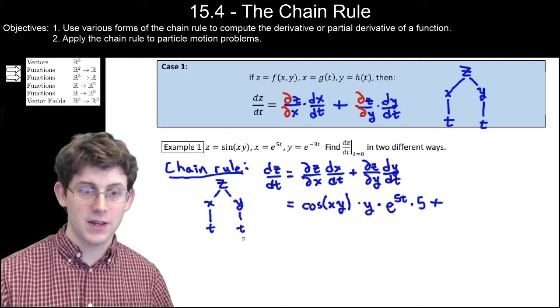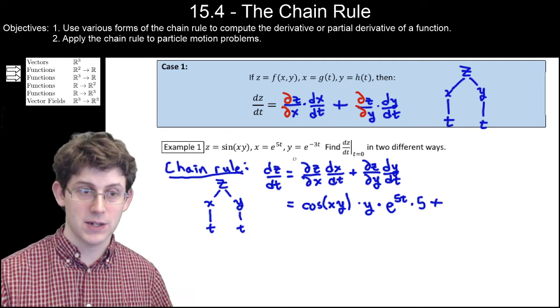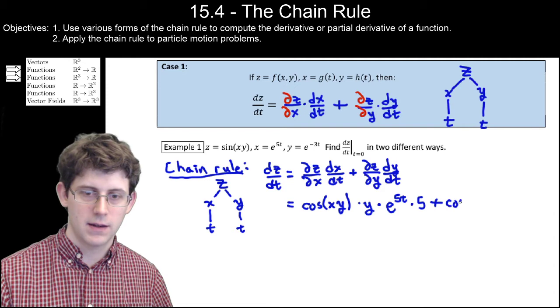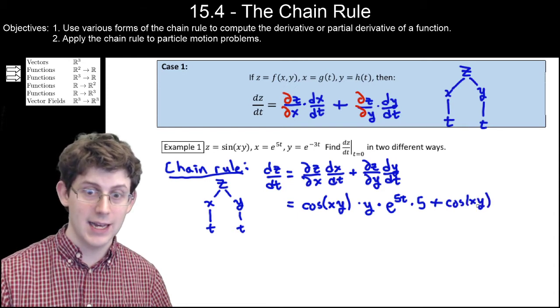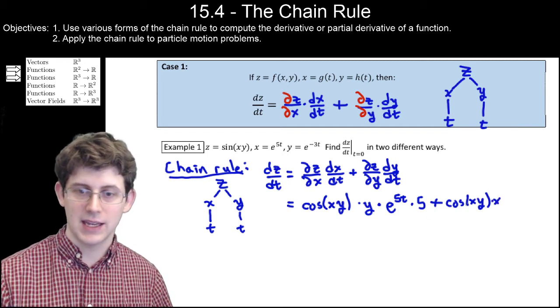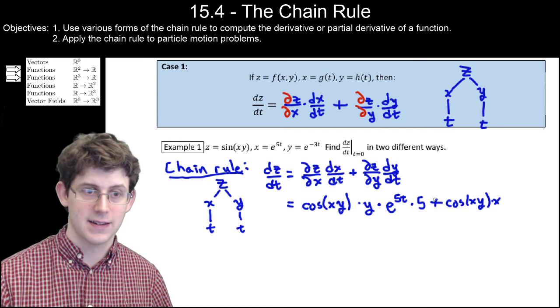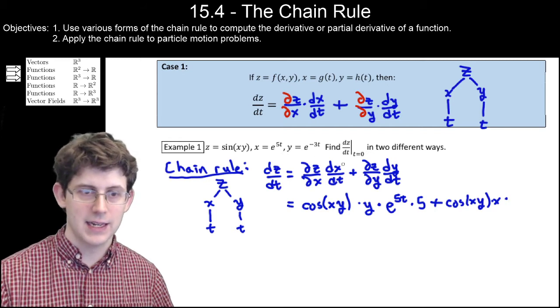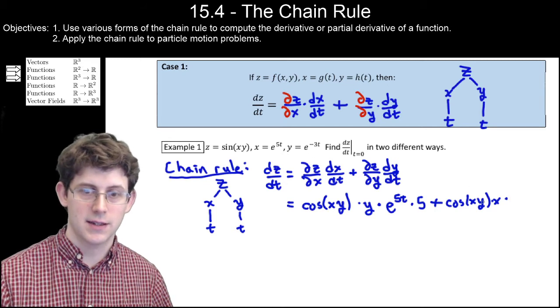Then I need to go the other route. So first I'll find partial z partial y. This time when I take the derivative of xy, the result is going to be x, because I'm thinking of x as the constant here. Then I multiply by dy dt, which comes from this equation.